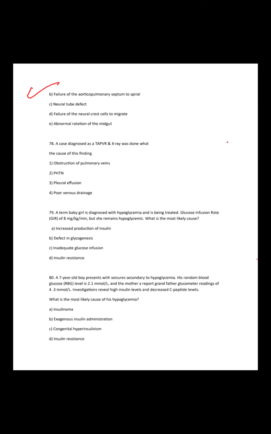Pulmonary vein obstruction can occur, yes, because sometimes infracardiac or supracardiac, especially the infracardiac, is associated with obstruction as well. So TAPVR basically means all the blood is draining into the right side, so the right side becomes too congested, causing cardiomegaly, and sometimes obstruction can also occur, especially in the inferior TAPVR. So that can be shown by the X-ray.